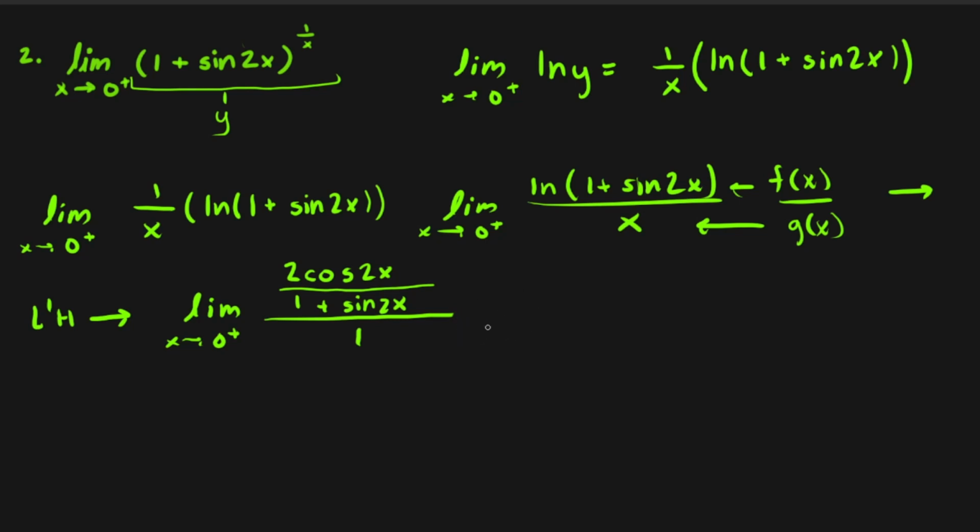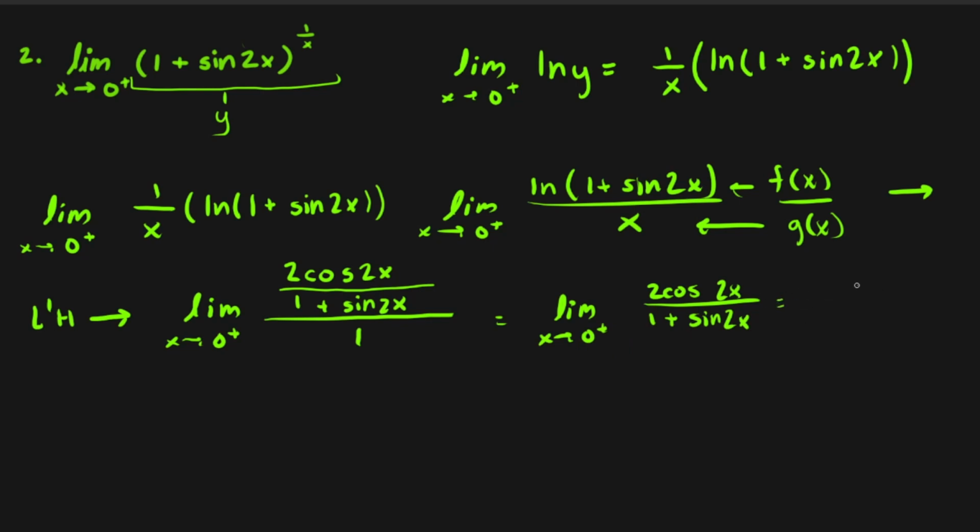Now from here, we can just rewrite this as the limit as x approaches 0 from the right of 2 cosine 2x over 1 plus sine 2x. And we can plug in 0 now for x, so that'll give us 2 times cosine of 0.